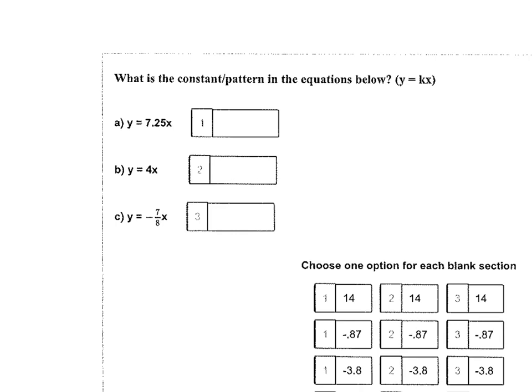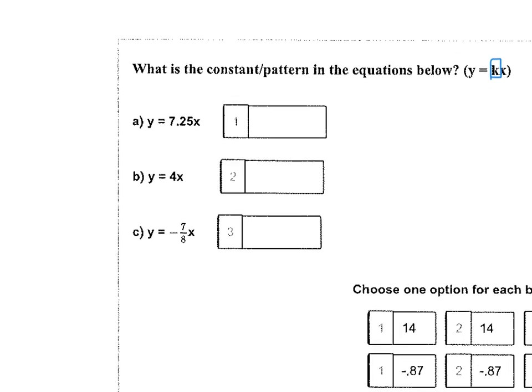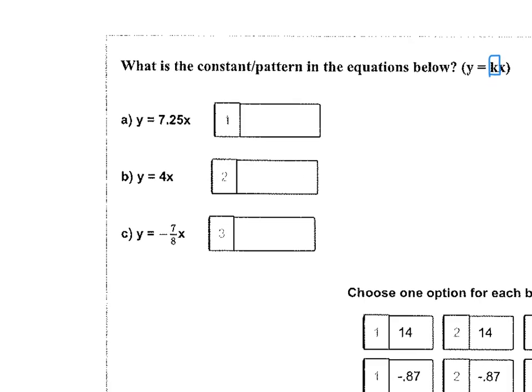On these, the constant or pattern in the equations below, it just wants you to identify the k in each equation. What's the number next to x, basically? So you're not choosing A, B, or C, you're answering A, B, and C. So the constant, or k, for A is 7.25.